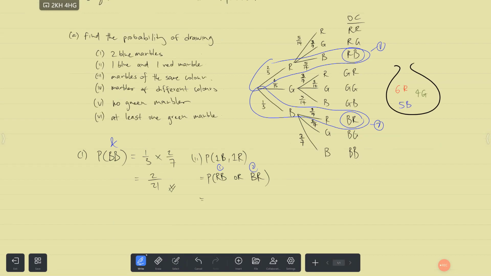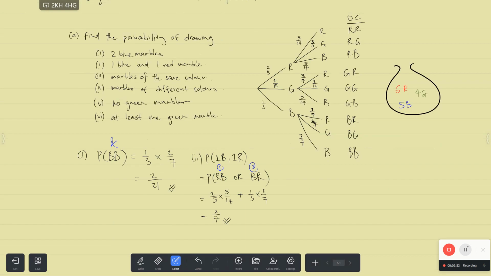Red blue is 2 out of 5 times 5 out of 14, or is a plus, 1/3 times 3 out of 7, and this will give you 1 out of 7 plus 1 out of 7, which is 2 out of 7.